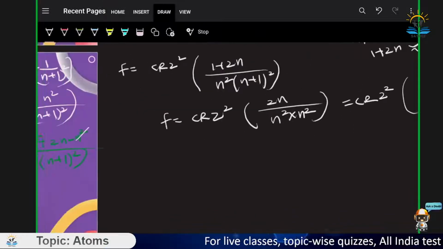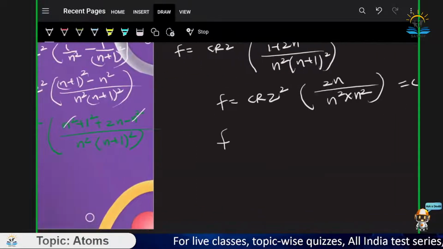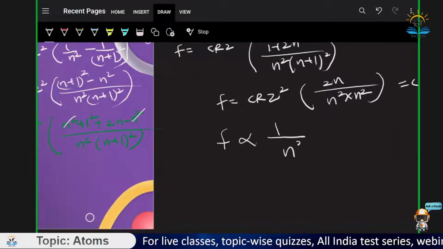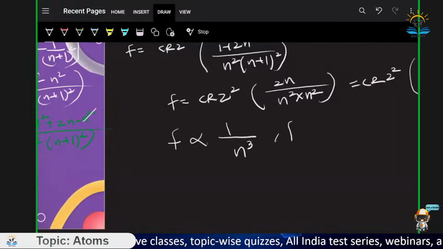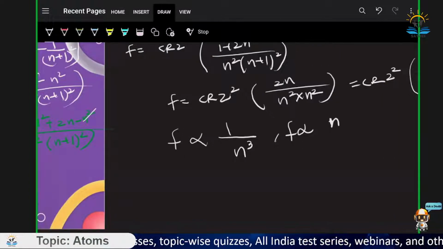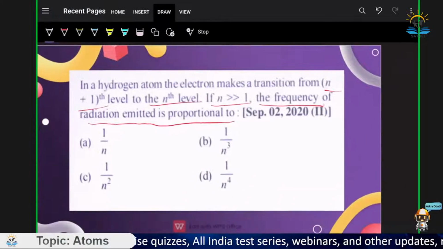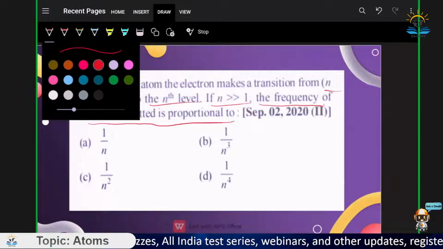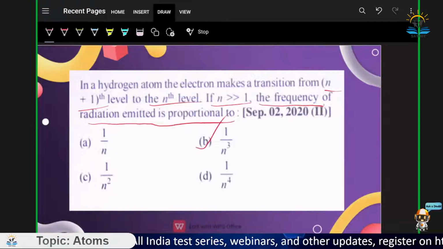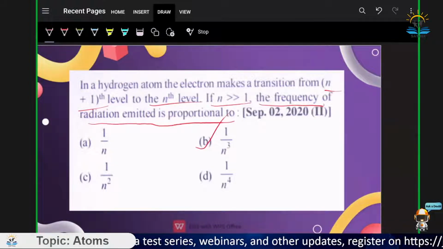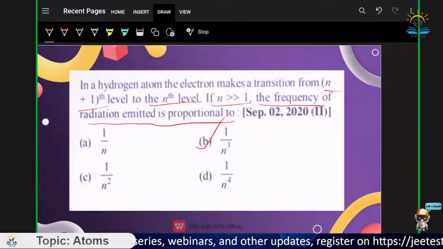So frequency is inversely proportional to n cubed, or directly proportional to n raised to minus 3. So which option is correct? 1 by n cube, B is the correct option.